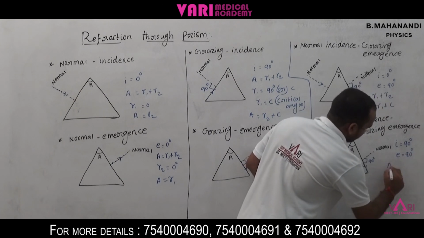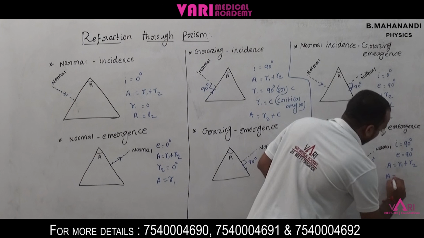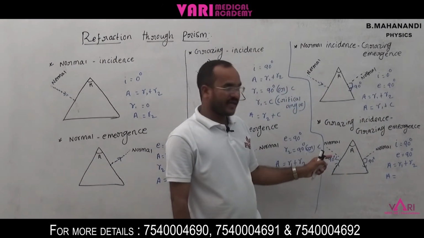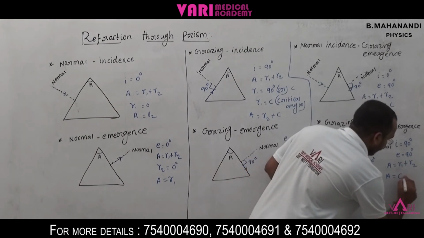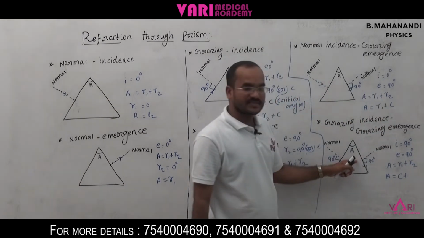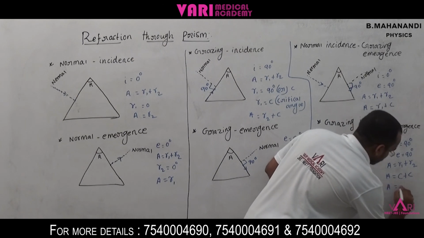The angle of the prism A equals R1 plus R2. R1, the refraction angle of incidence, is the critical angle, and R2 is also the critical angle C. So A equals 2C.